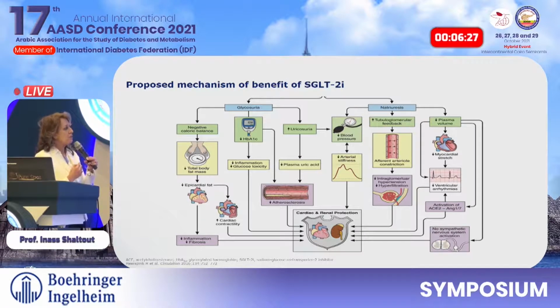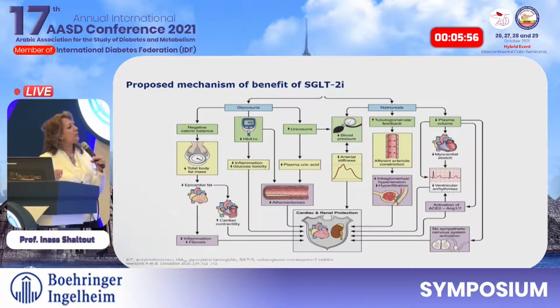For glycosuria, there is improvement in hemoglobin A1C, reduced inflammation, reduced glucose toxicity, leading to cardiac and renal protection; negative caloric balance leading to weight loss, reduction in epicardial fat, improvement in cardiac contractility, and improvement in inflammation and fibrosis of the heart. All of these mechanisms will lead to cardiac and renal protection.